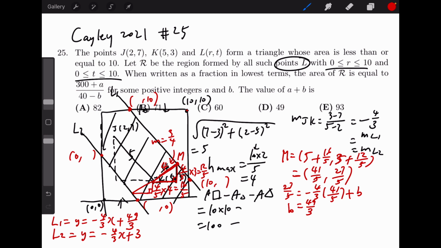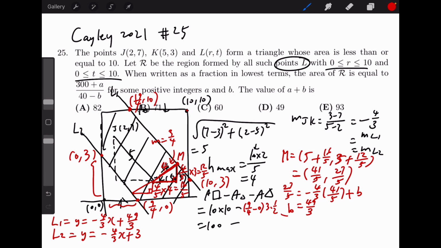If we plug those numbers into the equations of line 1 and line 2, then we get (0, 3), (9 over 4, 0), (10, 3), and (19 over 4, 10). So now we can do some basic calculation to get the distances here and here to get the area of the smaller triangle, which equals 9 over 4 minus 0, times 3, times 1/2.